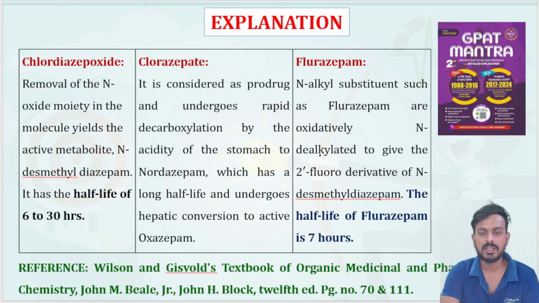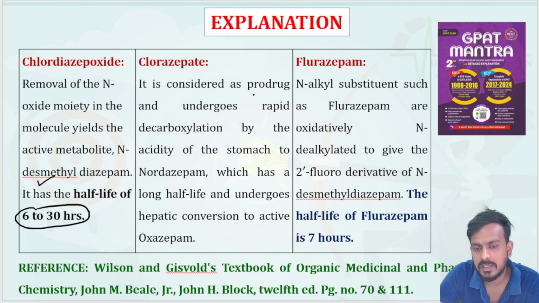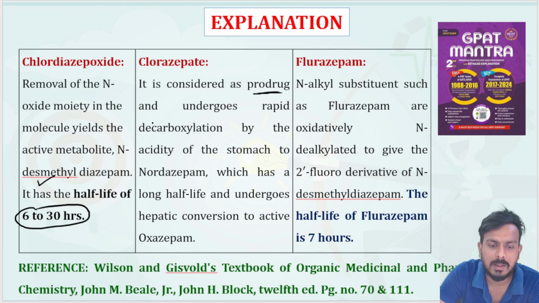Moving to the next point, in chlordiazepoxide, removal of the N-oxide moiety in the molecule will lead to the active metabolite desmethyl diazepam, having a half-life of 6 to 30 hours. Clorazepate is considered a prodrug and undergoes rapid decarboxylation by the acidity of the stomach to nordiazepam, which has a long half-life and undergoes hepatic conversion to oxazepam.